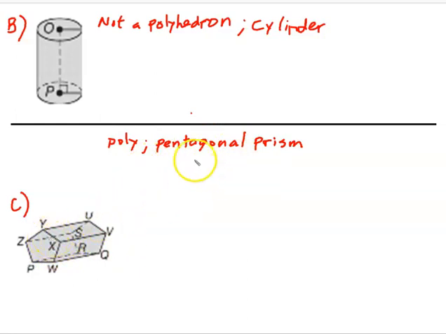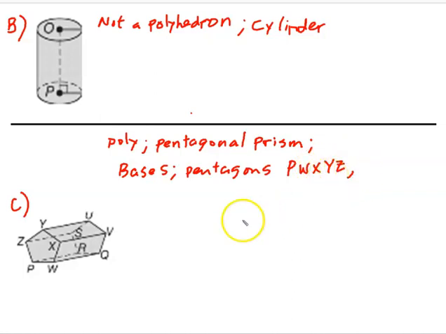All right, and so now we're ready to identify the bases. There's two. We'll just say pentagons: PWXYZ and RQVUS.